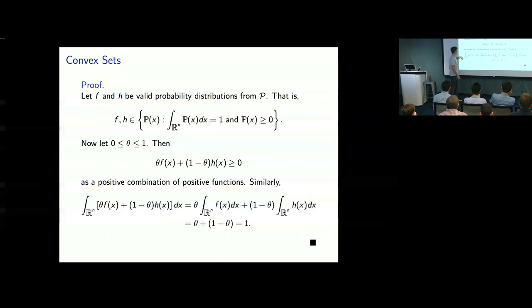And then because the integration is linear, we can just expand out into the sum and break out the theta. It's theta plus 1 minus theta because these two integrals are 1 by definition because they're from the set. And so that equals 1. So the convex combination integrates to 1 and is positive, so the set is convex. And that's usually how you'll prove pretty much all sets are convex.